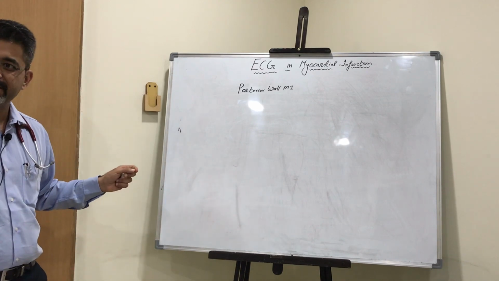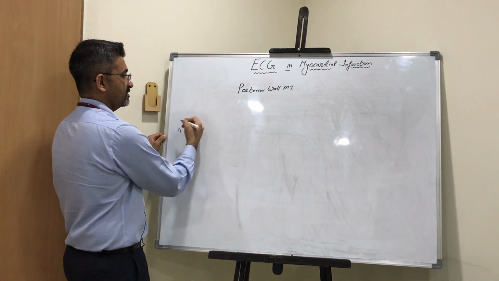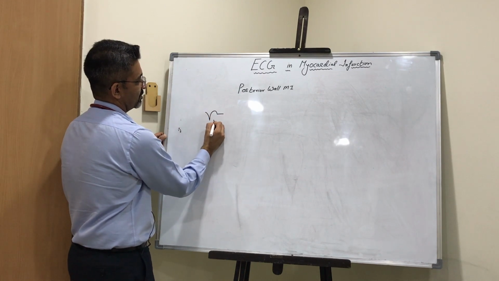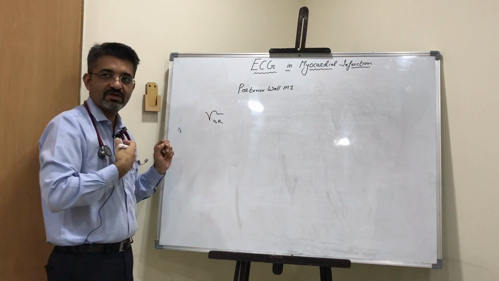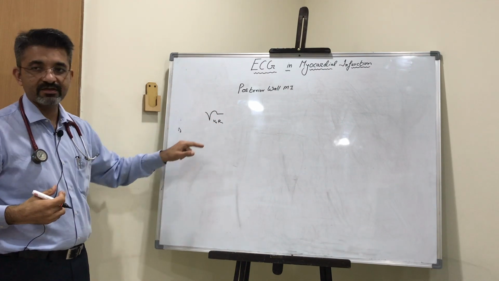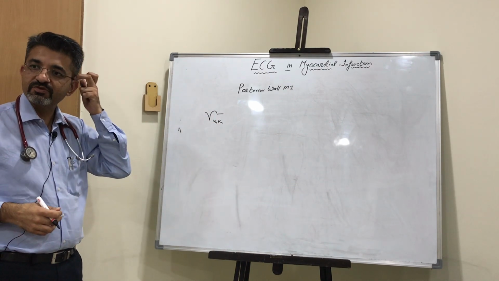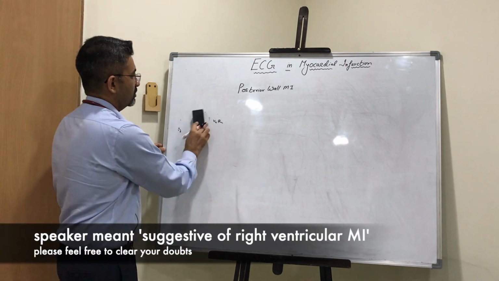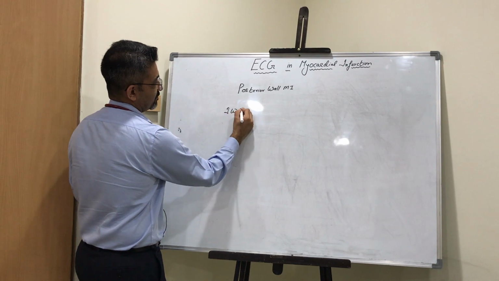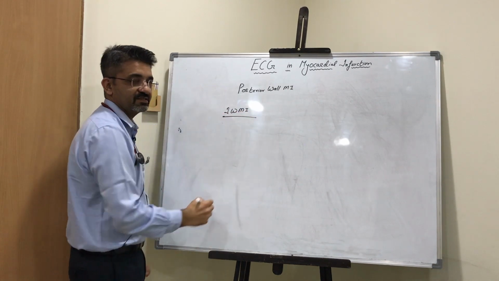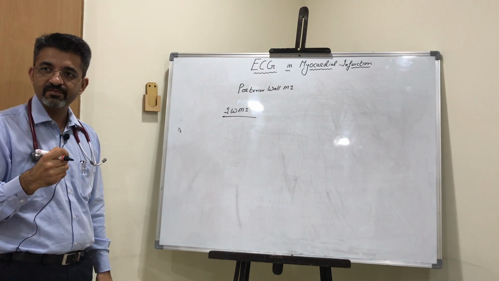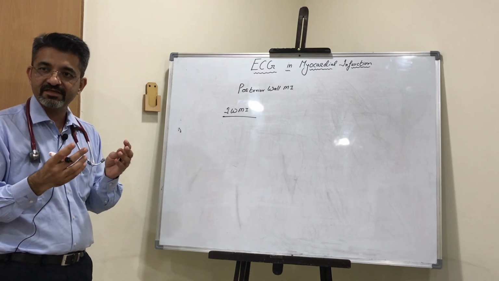It's a fine point. So you either get this complex or you get something like this in V4R. V4R is here. So something like this in V4R is again suggestive of posterior wall MI. If we talk of inferior wall MI, isolated inferior wall MI is technically not possible because the right ventricle is thin, it is very elastic, right?